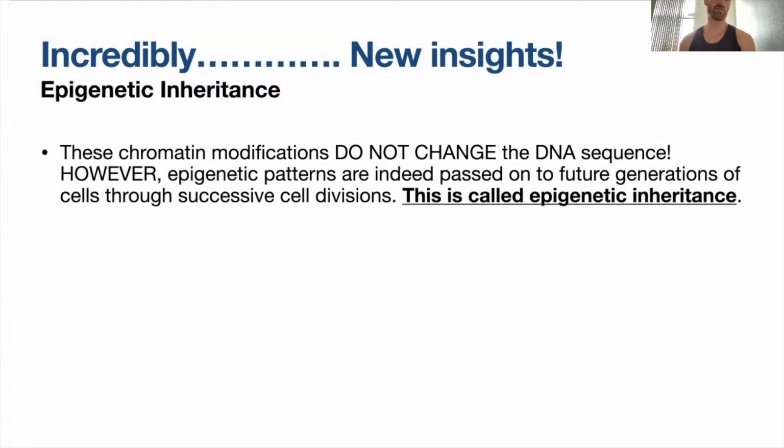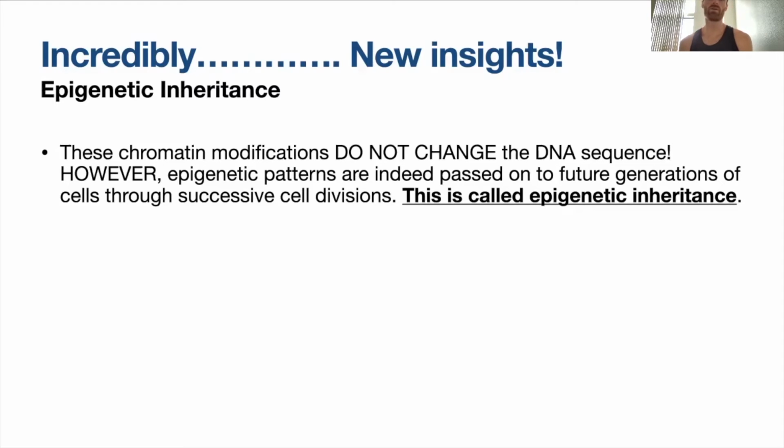If you notice, the DNA sequence didn't change, right? With methylating or acetylating the histones, we don't change the DNA sequence. And yet we're regulating gene expression. We are going to see genes that are produced or not produced, activated, inactivated.